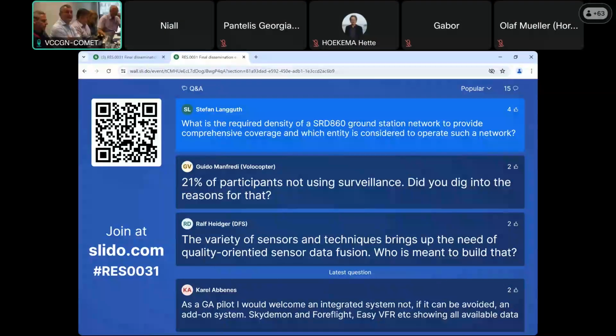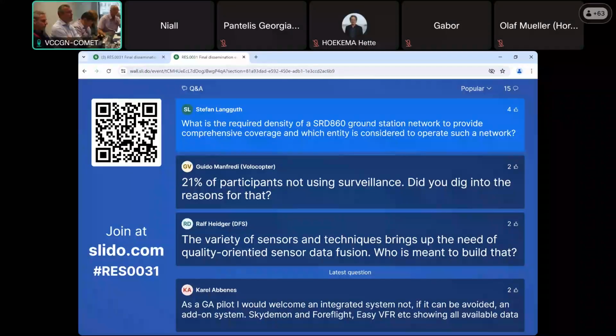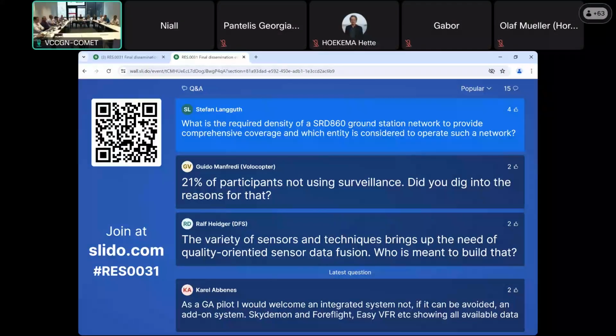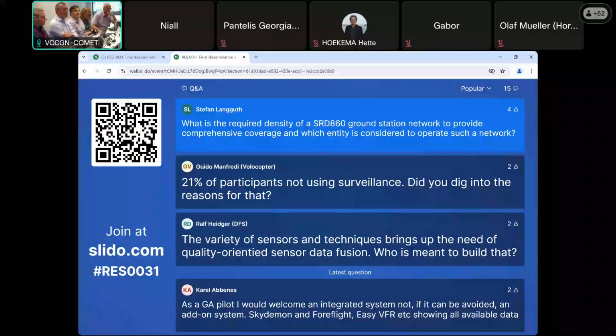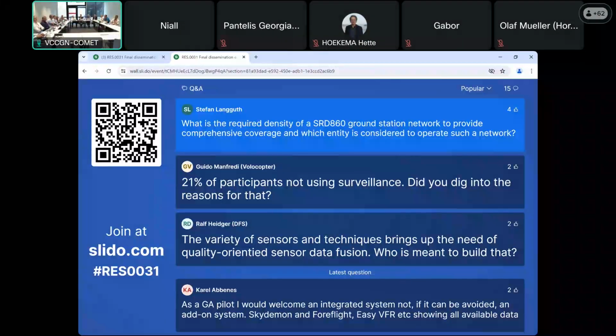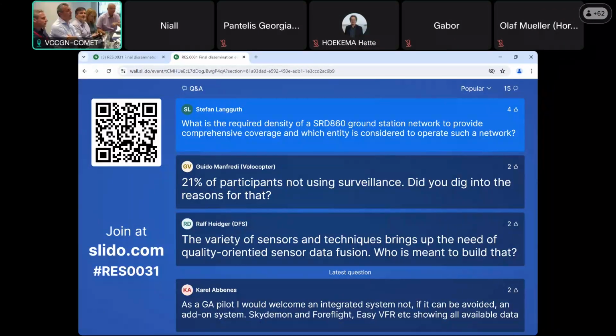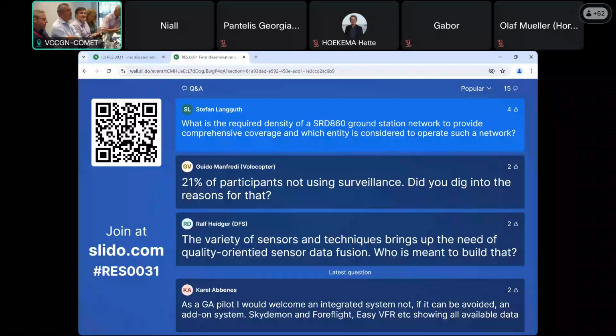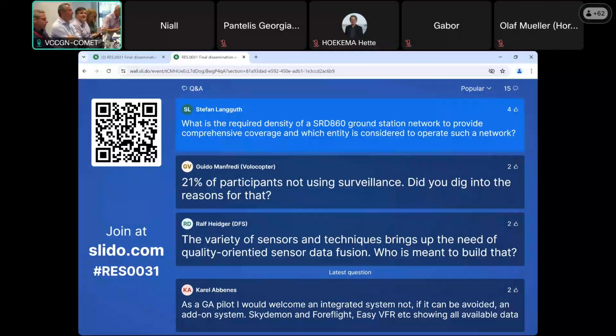In terms of density, we are limited by the physical characteristics of transmissions, which are regulated by the spectrum we are using. Experience from the real world says that air-to-ground reception is in the range of 10 plus kilometers. We have receptions often in the range of 30 kilometers when you have direct radio line of sight. However, when you have an obstacle, a mountain or whatever, the range goes down.